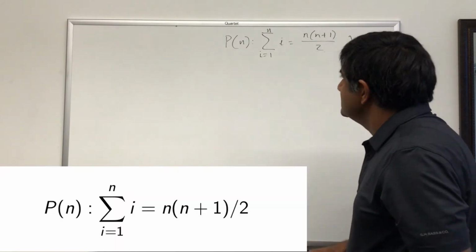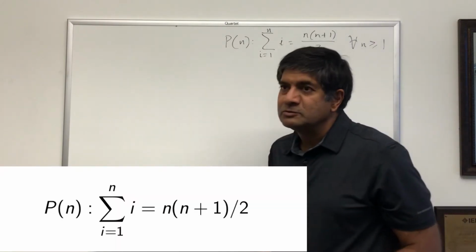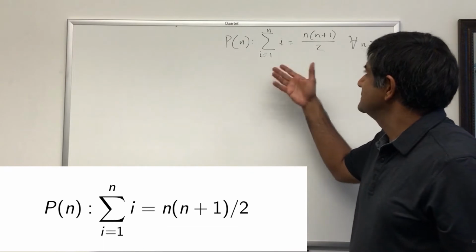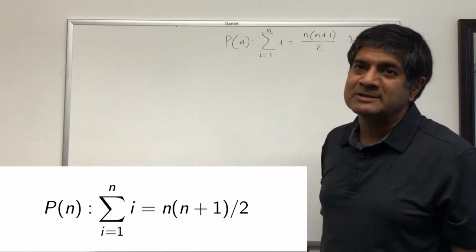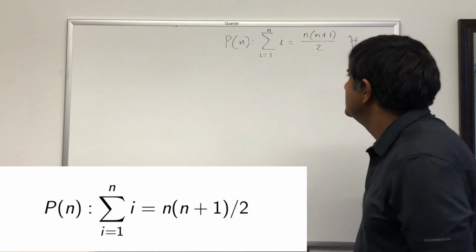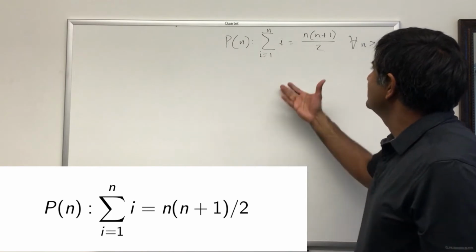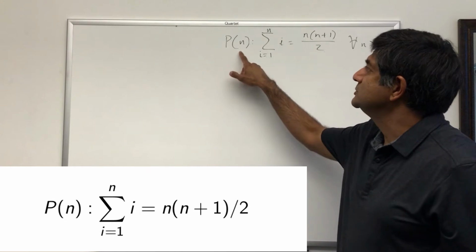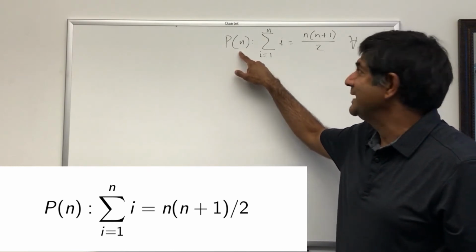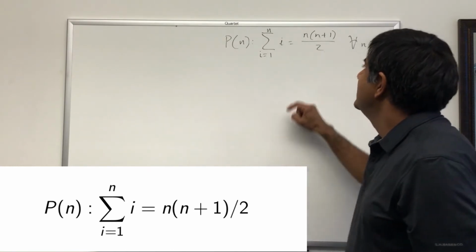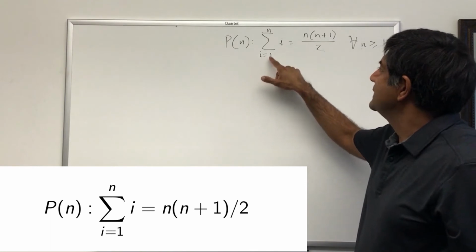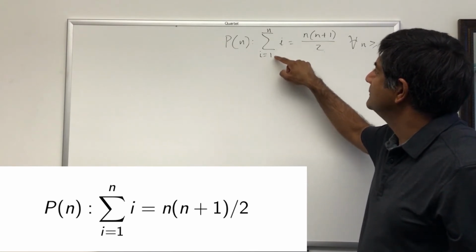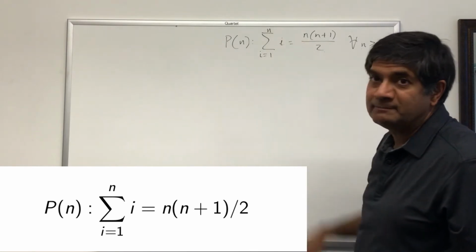Okay, so here is the example we're going to work with. This is a very typical canonical example of proofs by induction. And so what we're saying here is we're giving this a name. We're saying this is a proposition in terms of n, okay? And the proposition is basically saying that if I add up all of the integers from 1 to n, right?